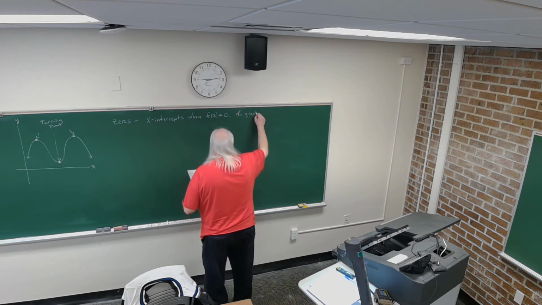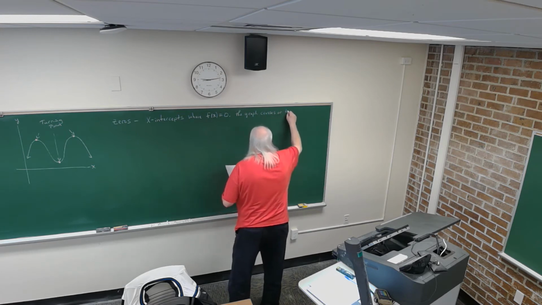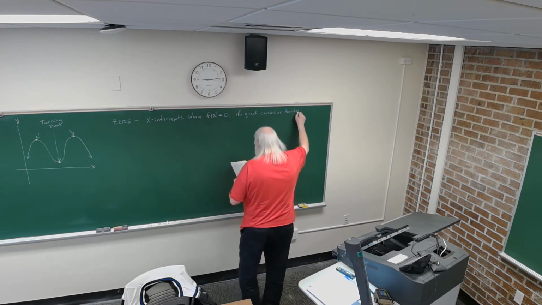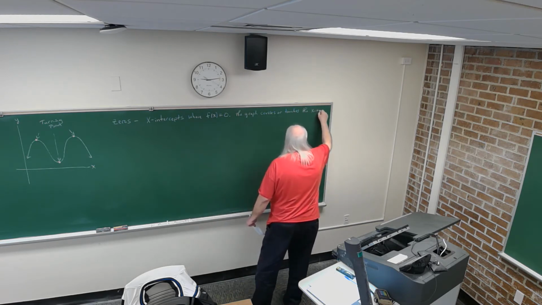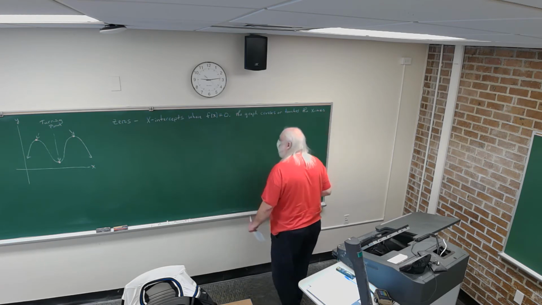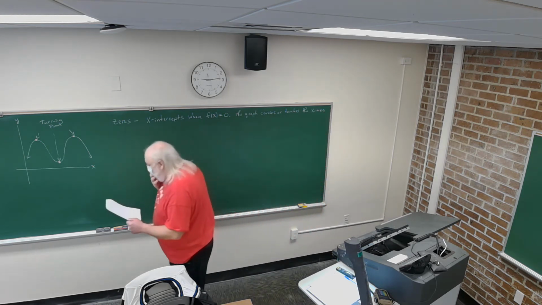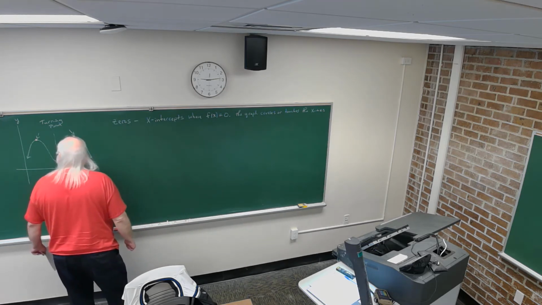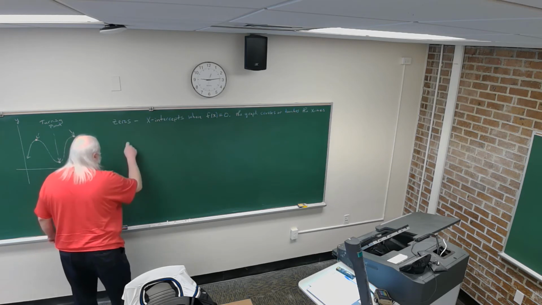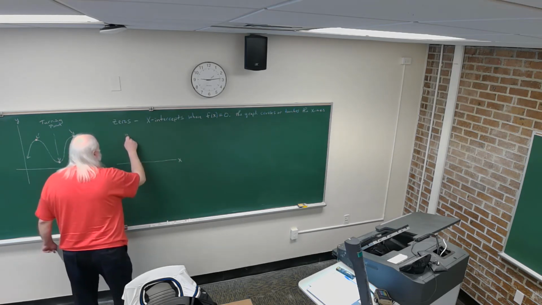The graph crosses or touches the x-axis at each one of its zeros. I didn't draw any on this polynomial function over here, but let me graph another one.